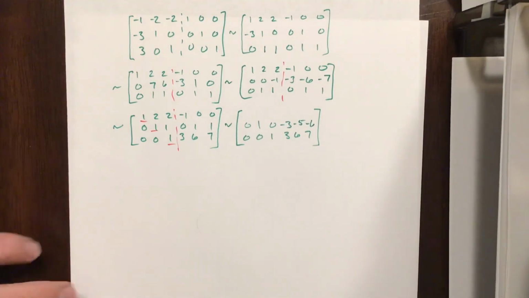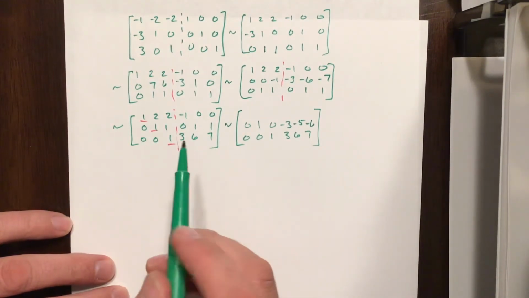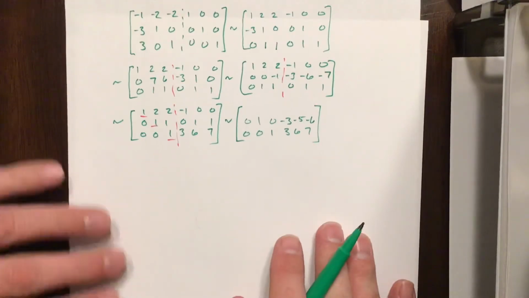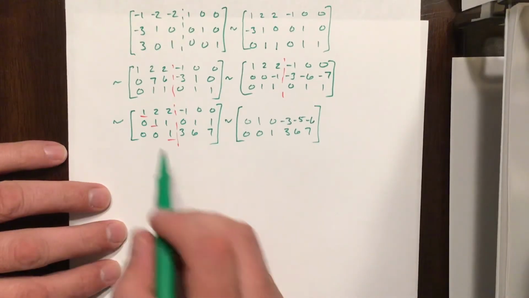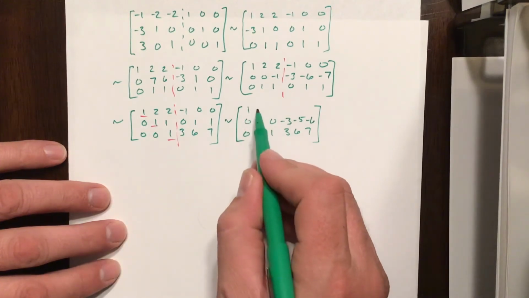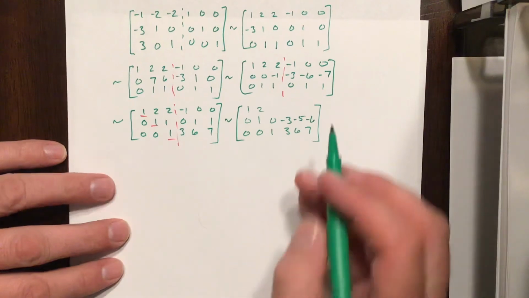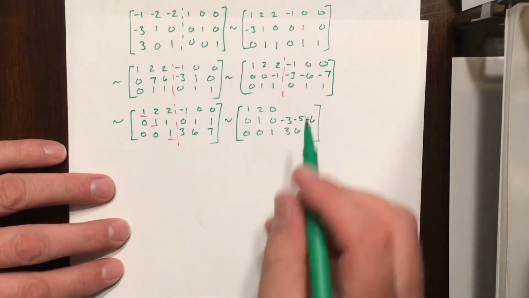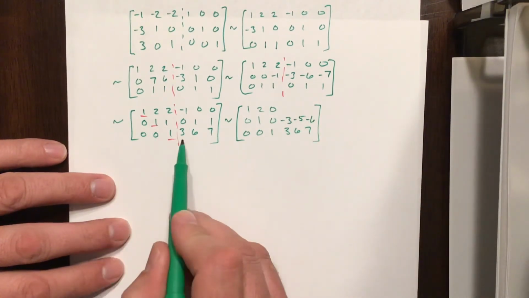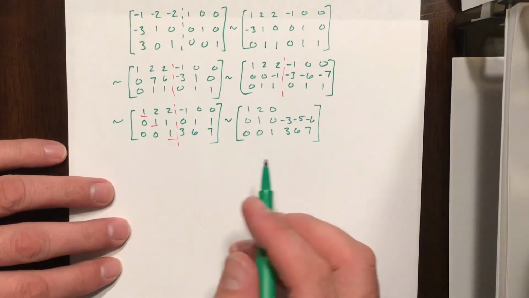Okay, and I can change row 1 as well. 1 minus 0 is 1, 2 minus 0 is 2, 2 minus 2 times 1, that's going to be 0. Negative 1 minus 6, because what I'm doing is multiplying row 3 by 2.